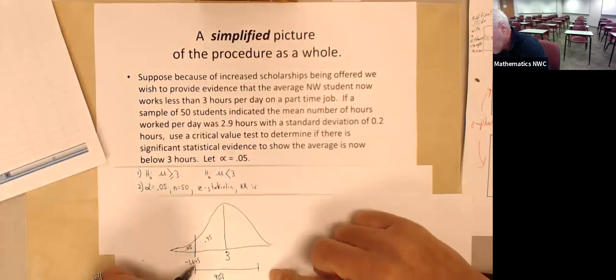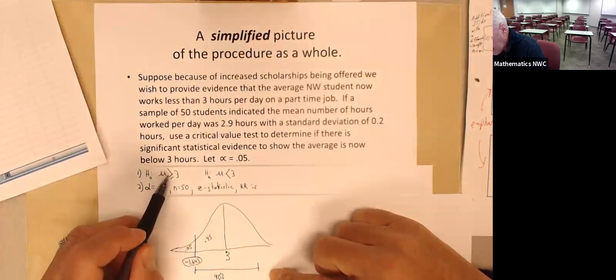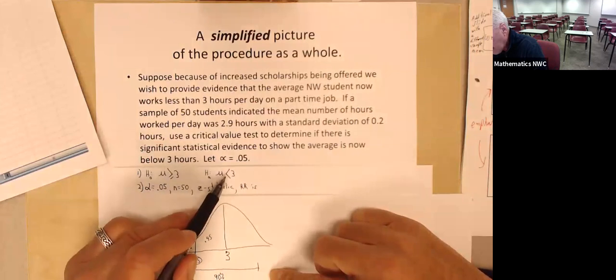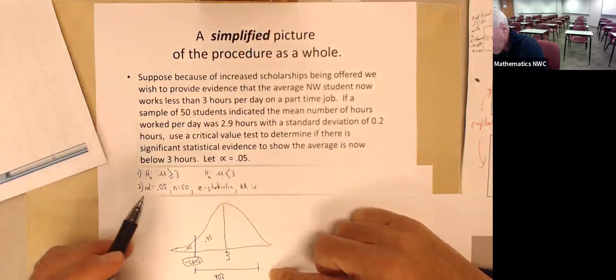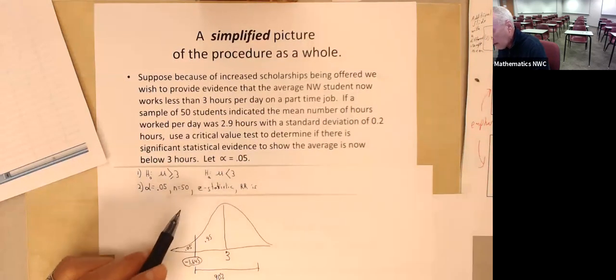So that's the z-score. If I go over that z-score right there, then I have enough evidence to say it can't be greater than 3, or I don't believe it's greater than 3, and I now believe that it is less than 3. So I have to go over the top of that line, which means less than that number. So here it goes now.